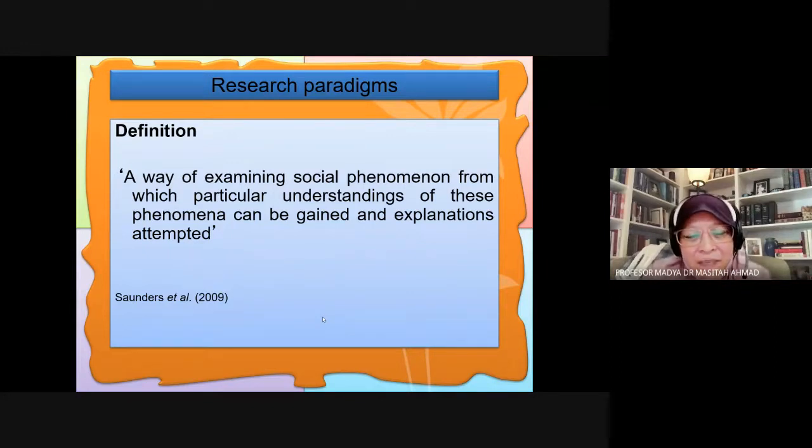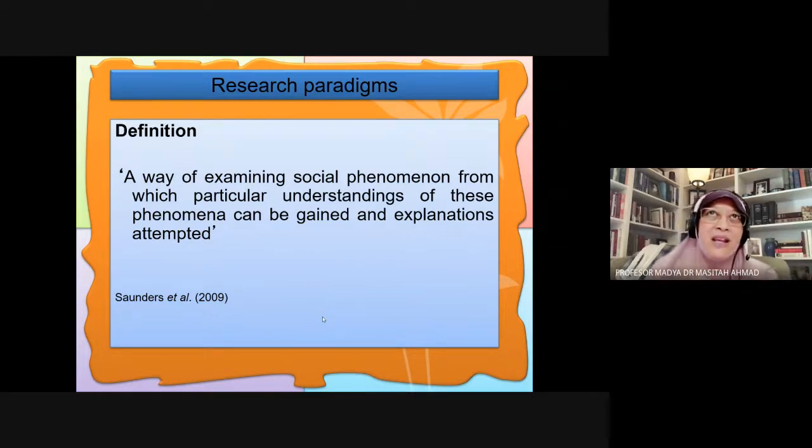Research paradigm. Now we will see about the research paradigm. The definition, as I mentioned just now, is a way of examining social phenomena from which a particular understanding of these phenomena can be gained, and explanations attempted. This is based on Saunders et al., 2009.